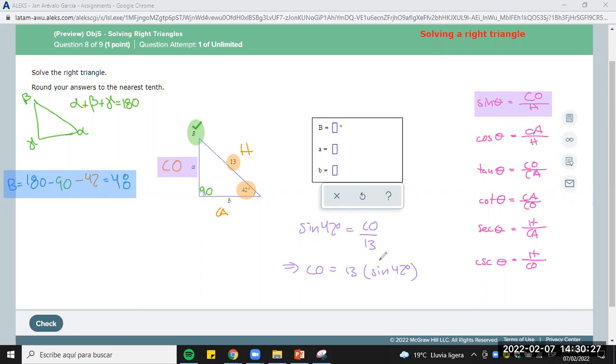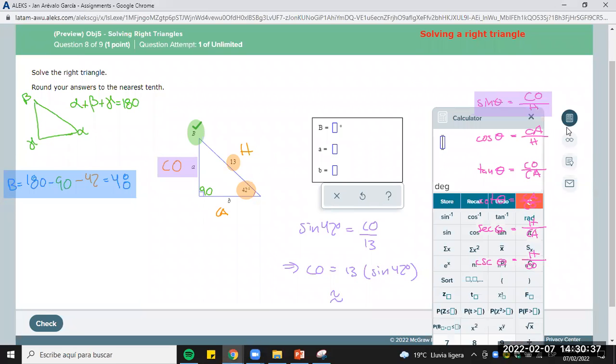All the answers rounded to the nearest tenth. So this will be 13 times the sine of 42, rounded to the nearest tenth.